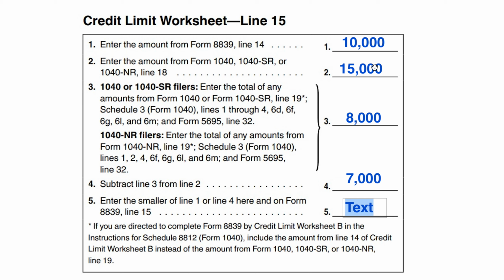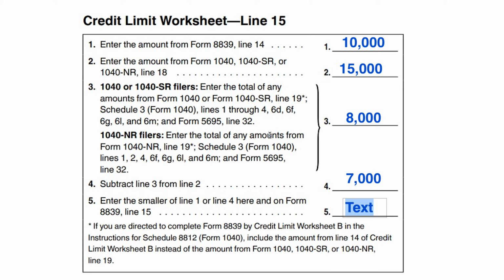So Schedule 2 is the additional taxes schedule, and the two taxes that will add to that are from IRS Form 6251, that's the alternative minimum tax, and the excess premium tax credit from IRS Form 8962. So again, line 2, the line 18 from your Form 1040, is your tax liability calculated from the tables plus your alternative minimum tax and excess premium tax credit. So let's say for this year that number is $15,000.